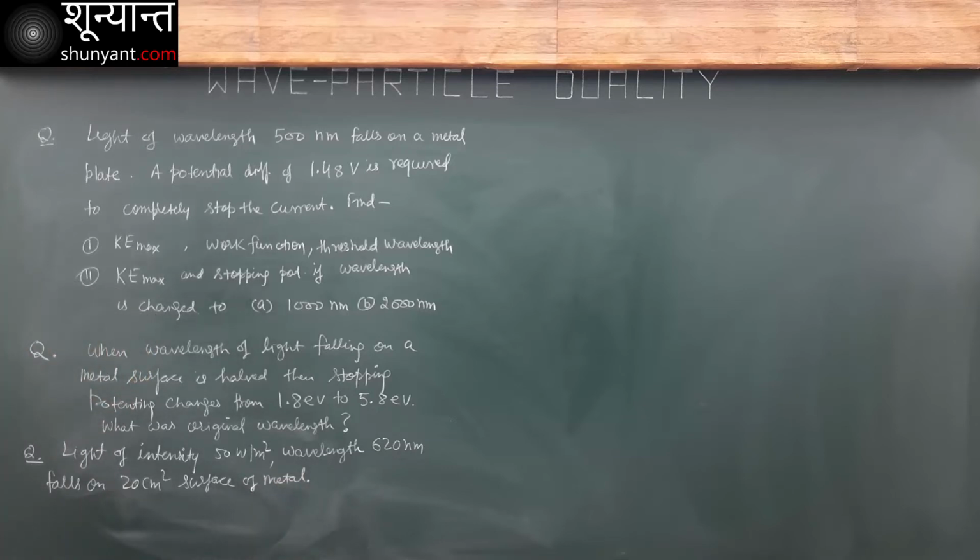Light of intensity 50 watt per meter square, wavelength is given, 620 nanometer, falls on a metal surface. Some metal surface area is given.